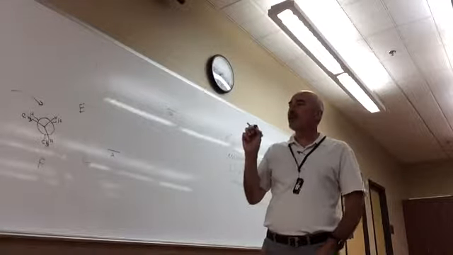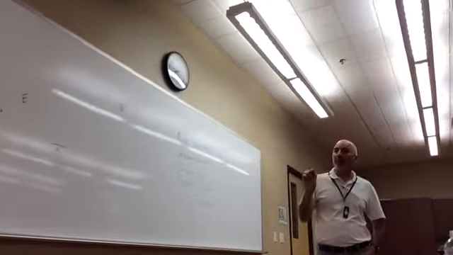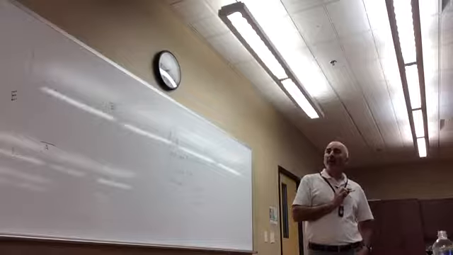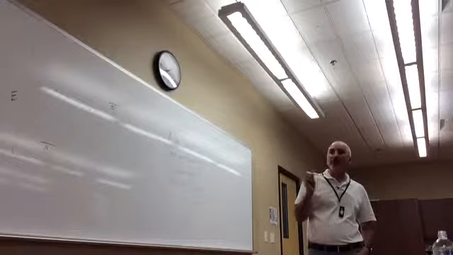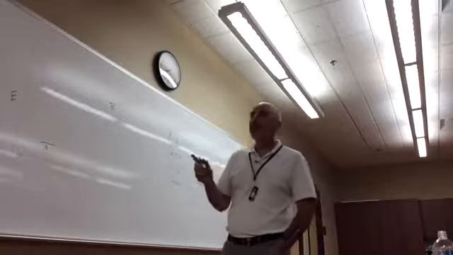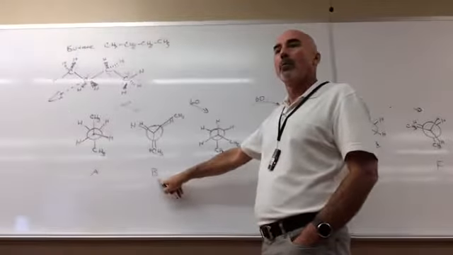So let's judge the energy difference between A and B and C. And let's see if we can get to D. So what do you think? B is going to be higher energy, but which is going to be lower or higher energy, B or C? You think B is lower energy? What's your rationale?